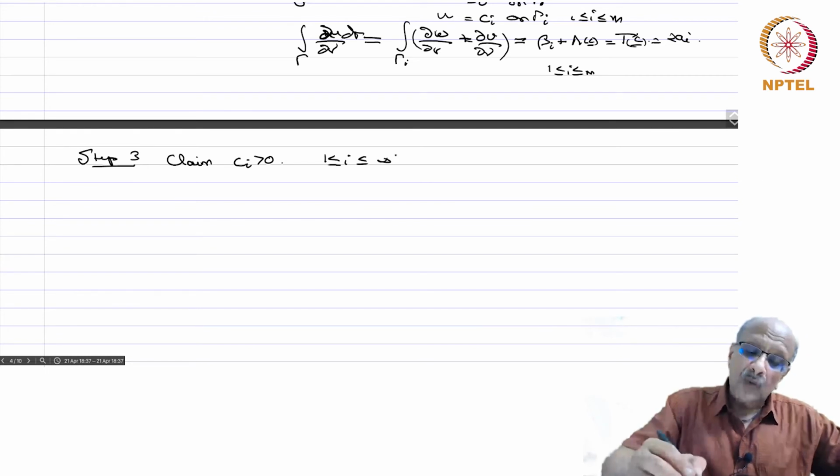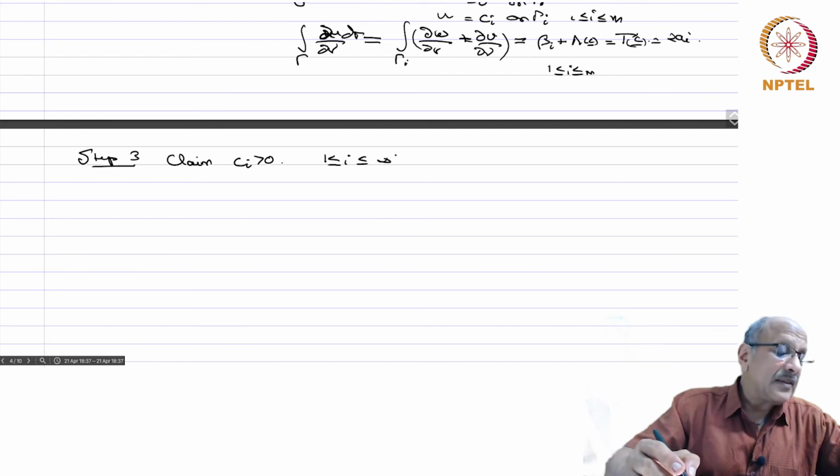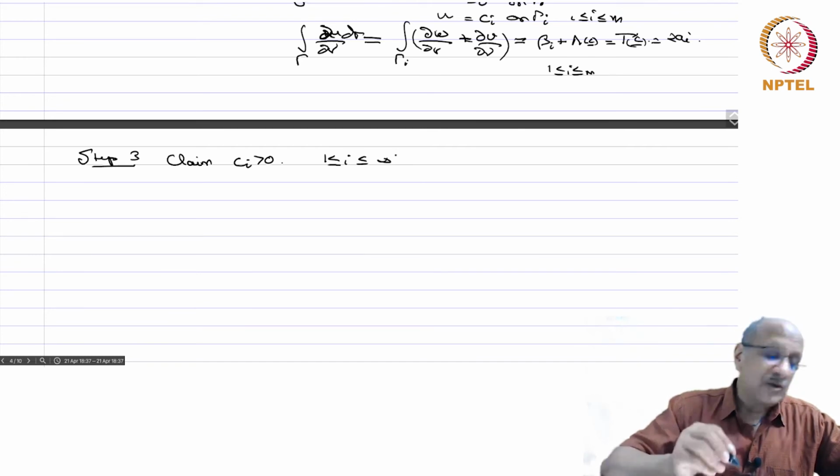So up to now, given any constant integral du by d nu equals anything, you can always solve the problem. But Ci we have no control, but by putting it equal to 2ai, we can even claim that Ci has to be positive, and I'll give it in the assignment, you can have a good weak formulation because of that.